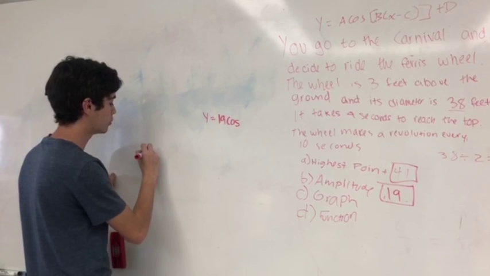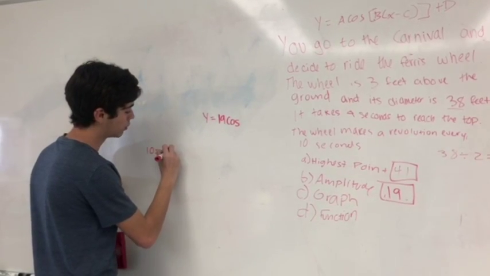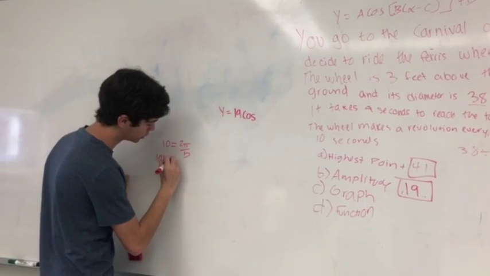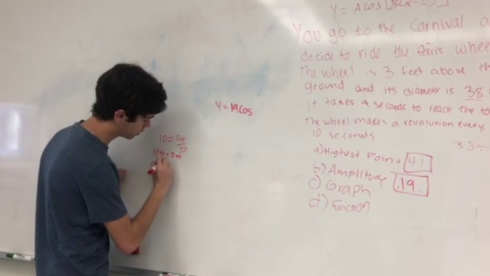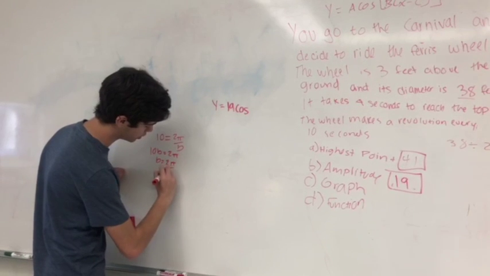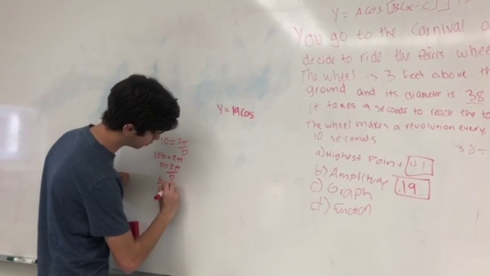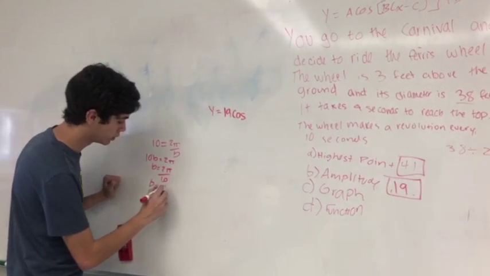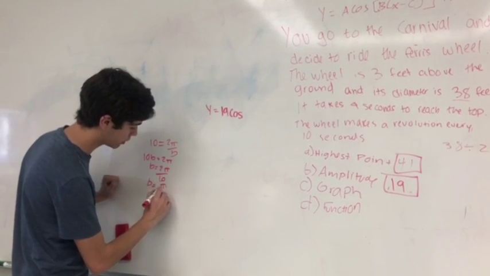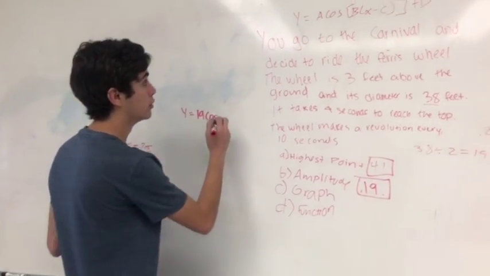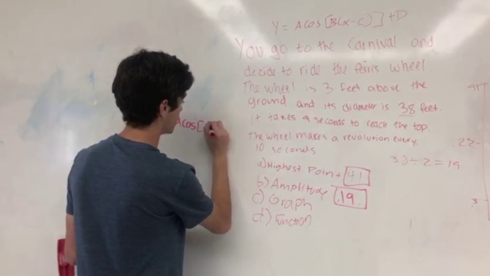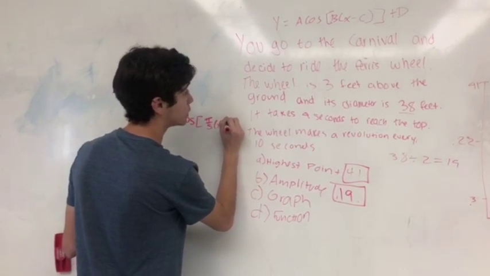So we already have the period, that's 10, and 2 pi divided by b. So 10b equals 2 pi, b equals 2 pi divided by 10. So b equals pi divided by 5. So it is pi divided by 5 x minus c.